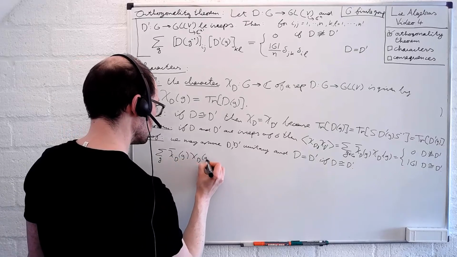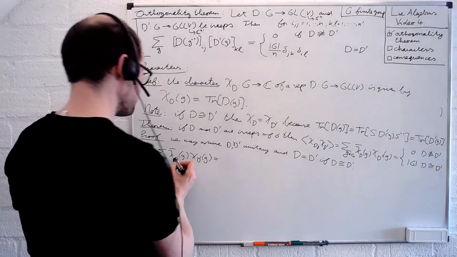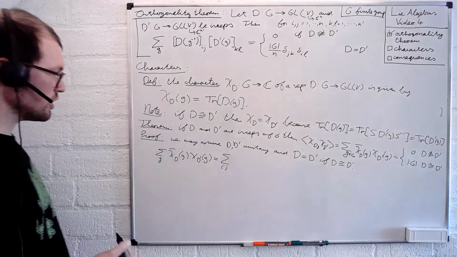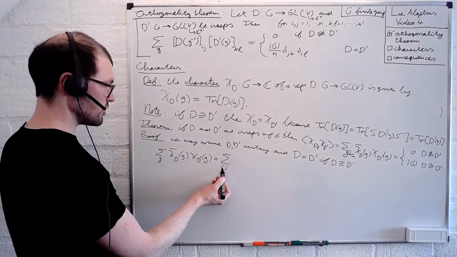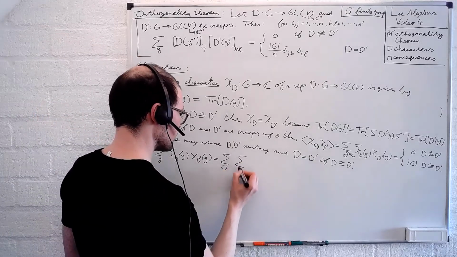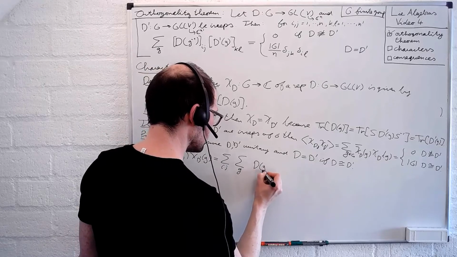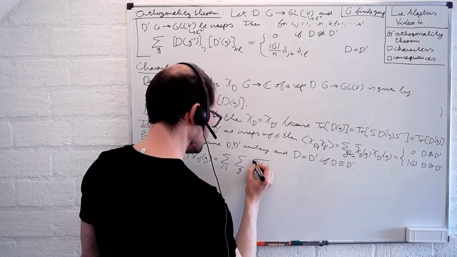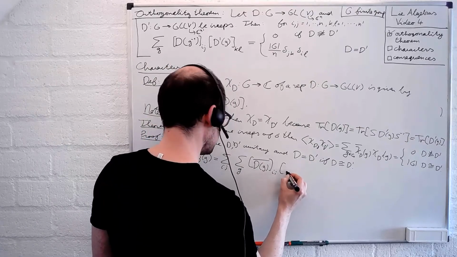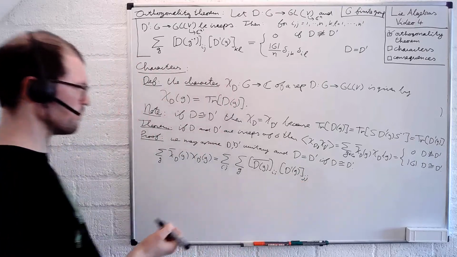Let's just work it out. It's given by taking the trace of these matrices. So I have to sum over the indices of the first one and over the second one of this matrix D of g ii and D prime of g jj.